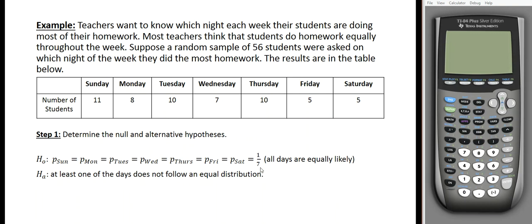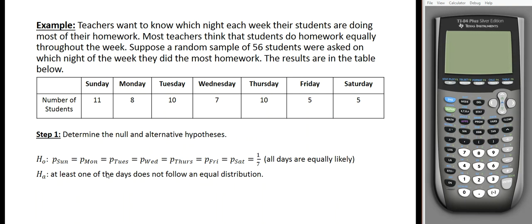Because we have 7 days of the week, each one of those probabilities will be 1 out of 7. I put a little blurb here that all days are equally likely. It just means that you're equally likely to do your homework on Monday, Tuesday, Wednesday, all the way to Sunday. For the alternative hypothesis, we're not going to actually write that in notation, so we're going to say at least one of these days does not follow this equal distribution.